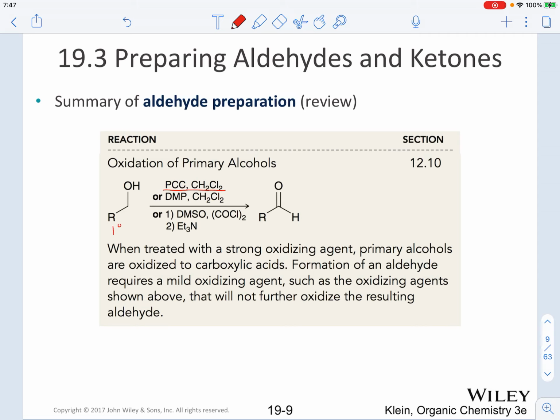Now, remember, if you use a strong oxidizing agent, that takes it to a carboxylic acid, so that is different. So in order to form specifically the aldehyde, we need mild oxidizing conditions, like PCC, okay? And as you can see, that's the most common way to do it.